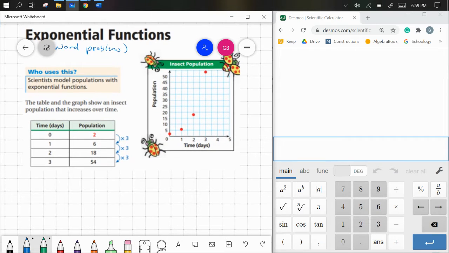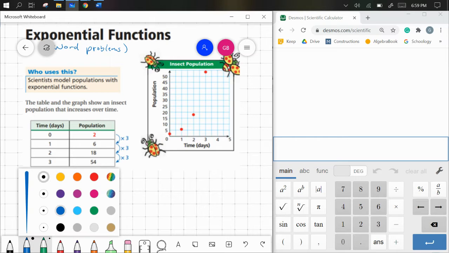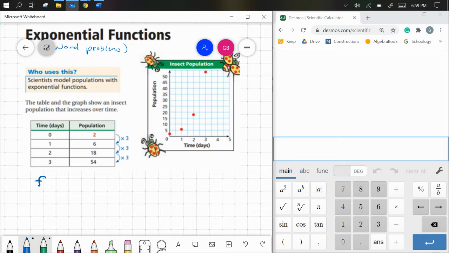Now, for this specific function, the equation is going to be f of x is equal to 2 times 3 to the x power.